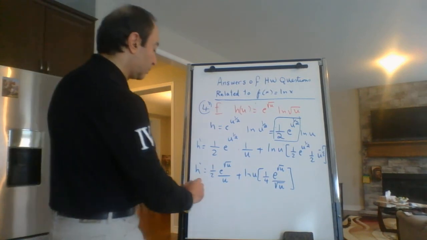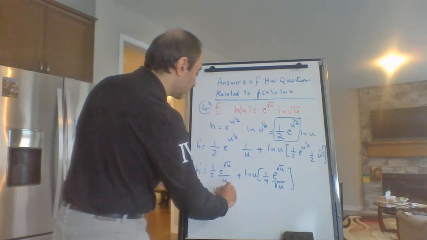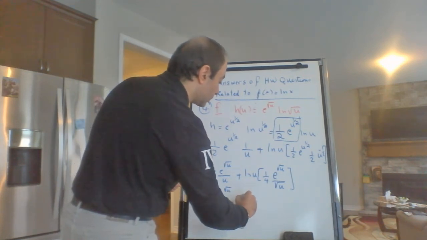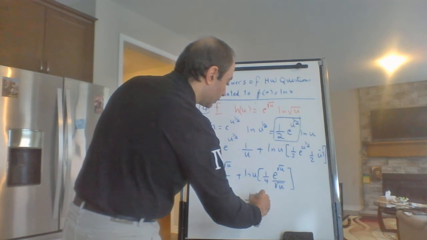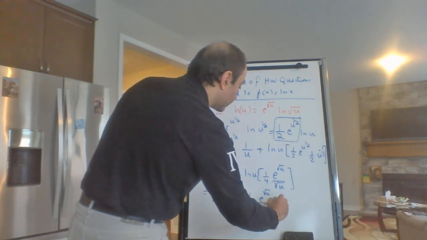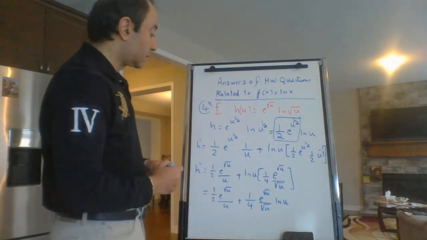Okay, I think we can leave it this way: 1 half e to the power of square root of u, everything divided by u, plus 1 over 4 e to the power of square root of u over square root of u ln u. We can leave it like that.